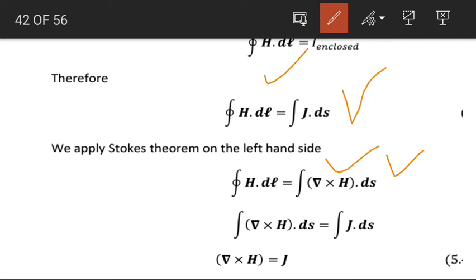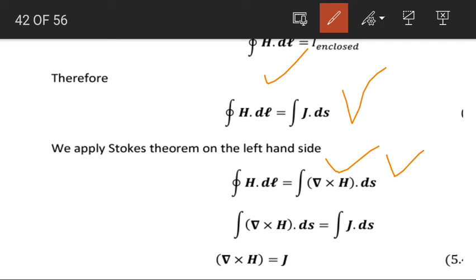What is del cross H? Del cross H is known as the curl of the magnetic field intensity. How do we calculate the curl of magnetic field intensity in rectangular coordinate system, cylindrical coordinate system, and spherical coordinate system? We will explain these equations later on.